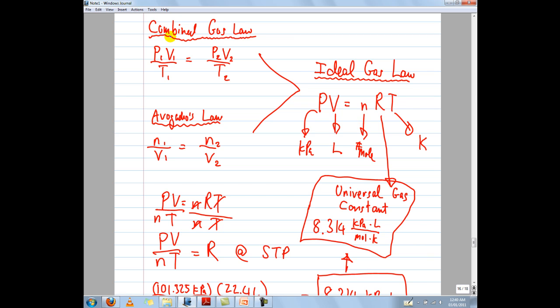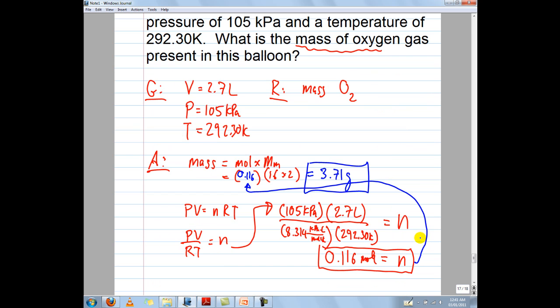Finally, we combined the combined gas law with Avogadro's law to create the ideal gas law, which introduced the universal gas constant, which is experimentally derived. But if you ever forget this number, you can always solve for it by solving the ideal gas law at STP. And that's it.